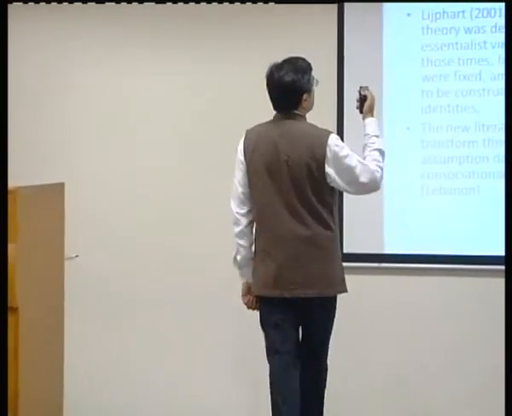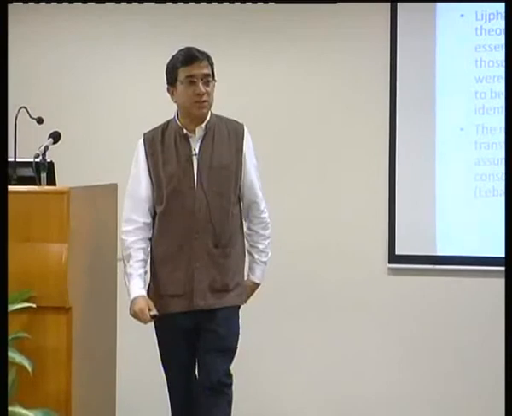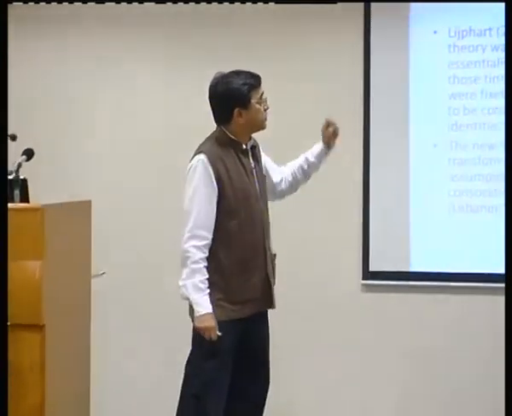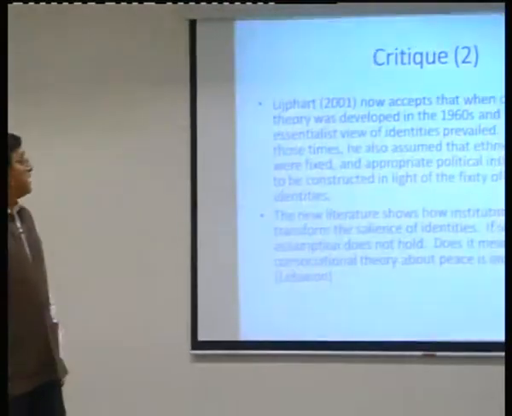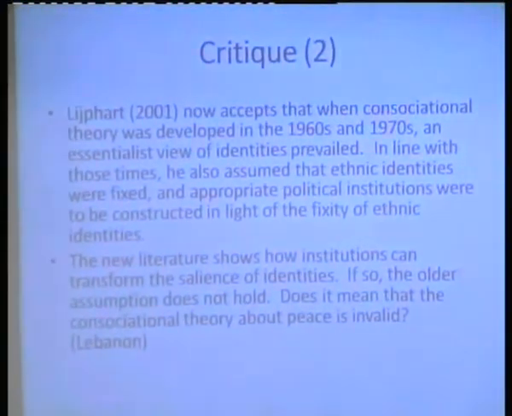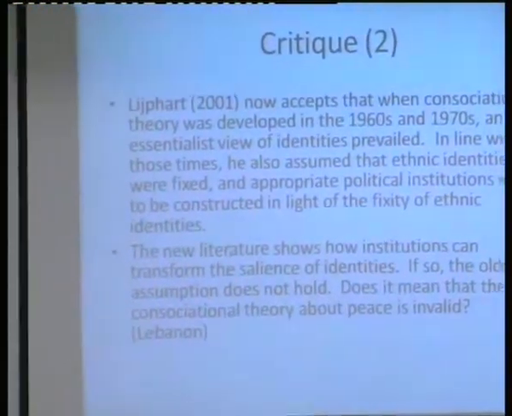Now, the second critique follows from this, and this is very interesting. Lijphart, in the most recent debate from 2001, yes, that was the last time this was, now accepts that when consociational theory was developed in the 60s and 70s, an essentialist view of identities prevailed. You're quickly getting into this idea, right?